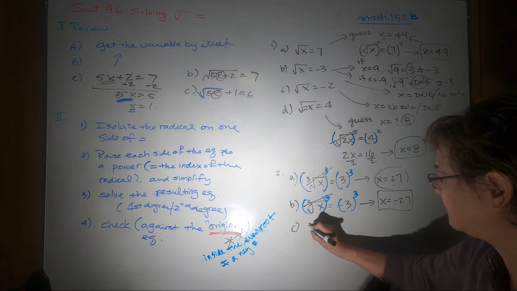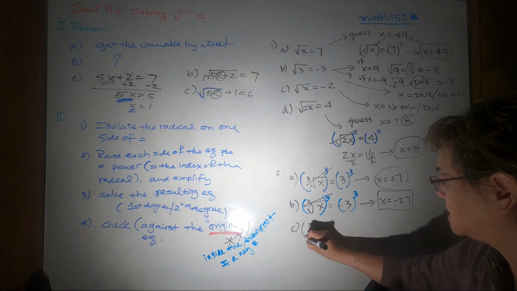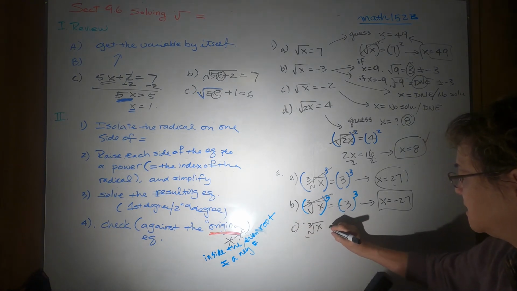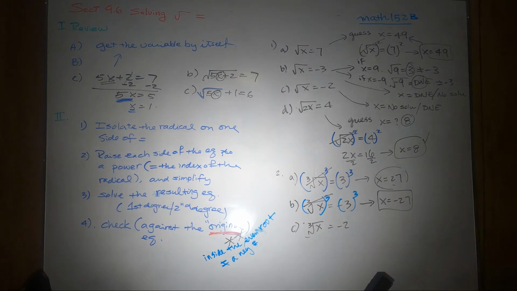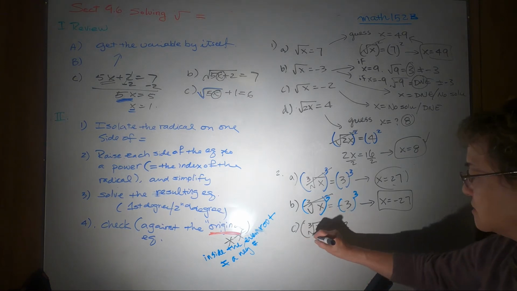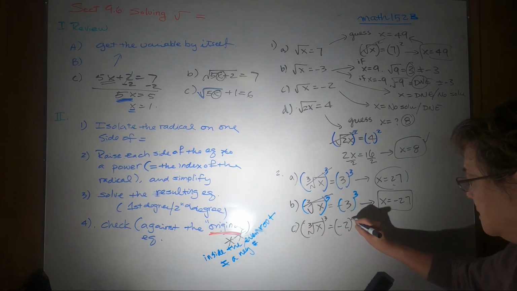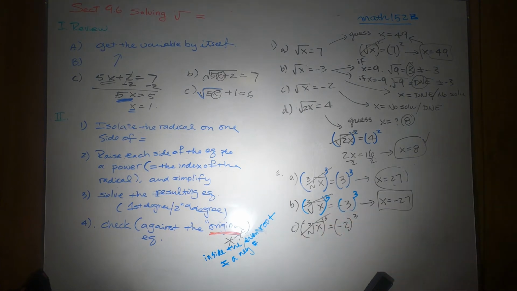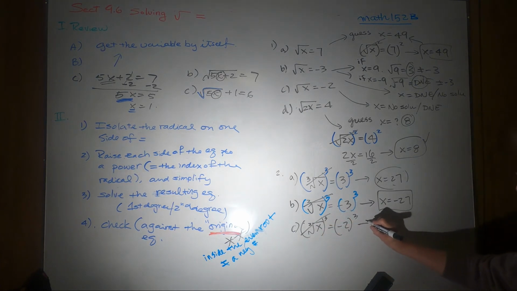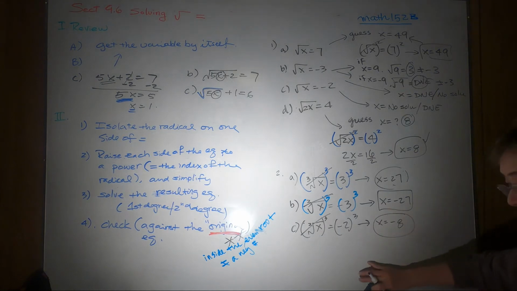Same thing, if you have cube root of x equals negative 2, what do you think the answer is? Negative 8, right? Then how do you get that? So you take a cube, so get x by itself, isolate your x, so you get x is negative 8.